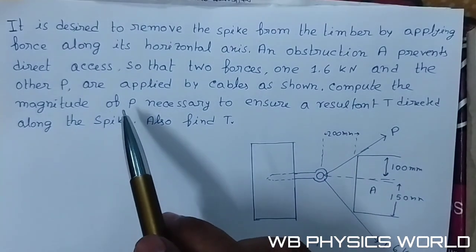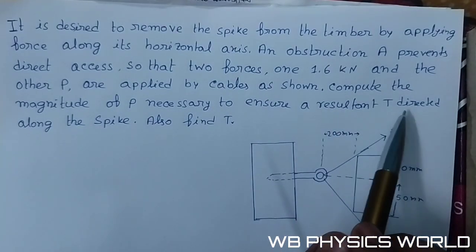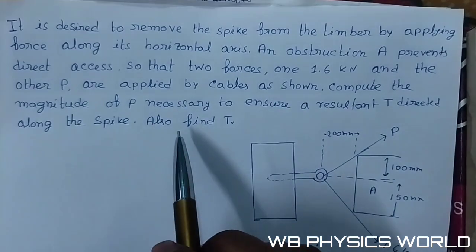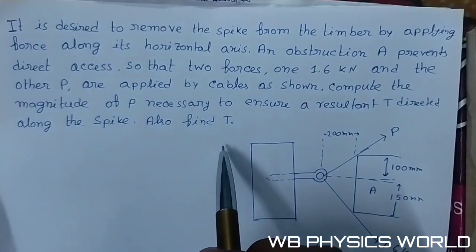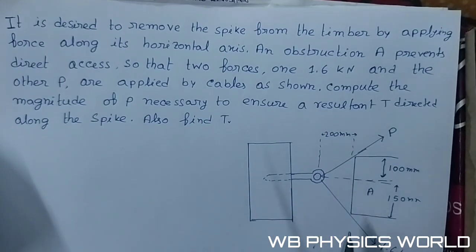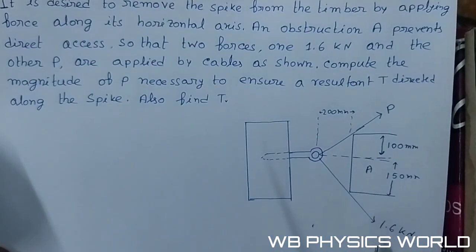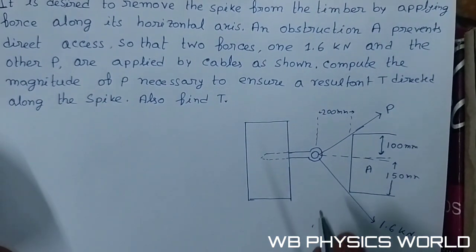Compute the magnitude of P necessary to ensure a resultant T directed along the spike. Also find T. Here this is the spike and the two forces, one is P and the other is 1.6 kilonewton.